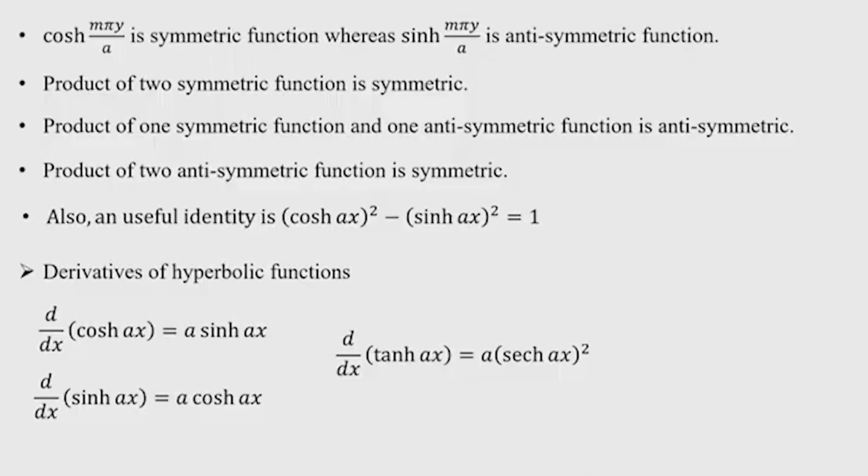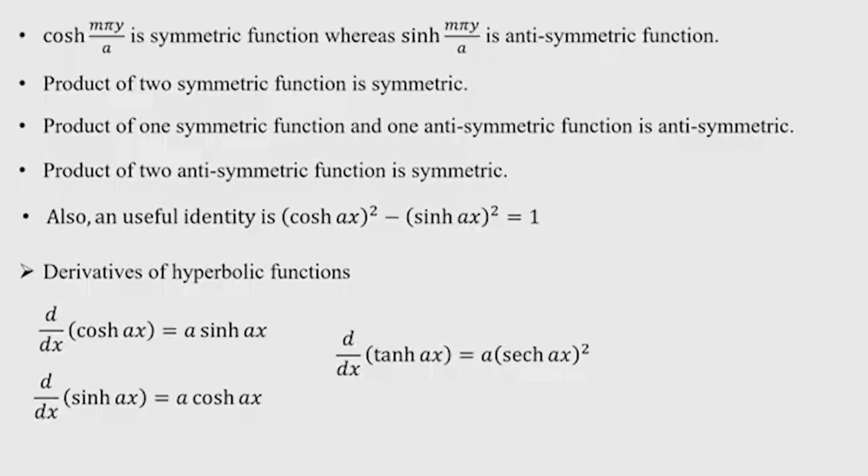So, naturally we can omit it from physical reasoning. Also, we know the product of two symmetric functions is symmetric. Then the product of one symmetric and one antisymmetric function is antisymmetric. Suppose x square is a symmetric function and sin x is an antisymmetric function; then x square sin x is again an antisymmetric function.